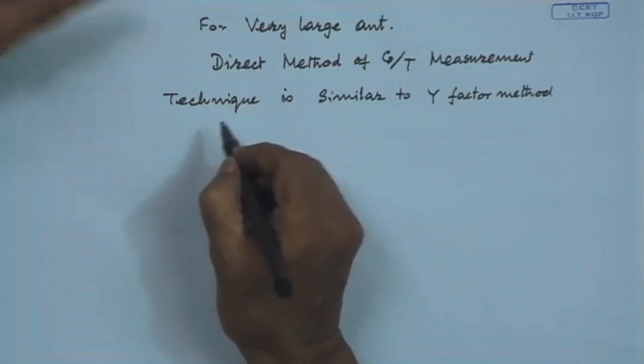So, two different noise sources, and then the ratio of these two measurements gives us a factor called Y, and based on the Y and the measured noise power, you can calculate and find out the noise temperature. So, similar techniques are used here, and since the aperture is very large, they are putting a noise source in front of the aperture and calibrated noise source, that too is a difficult scenario.